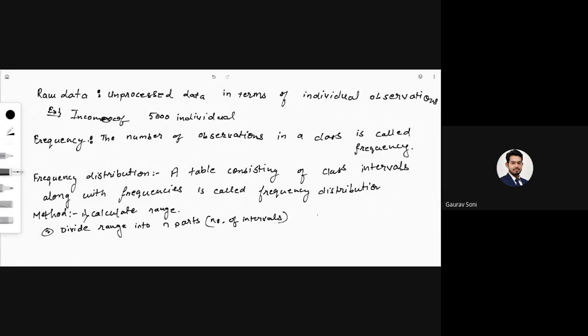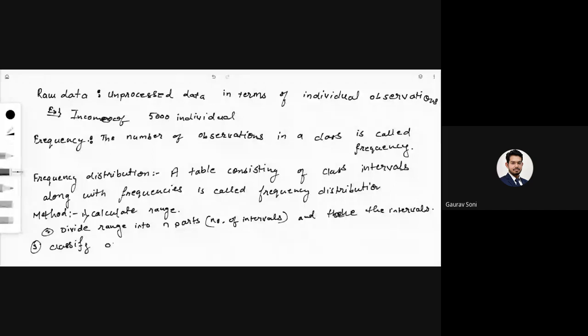Take the intervals accordingly. Then fourth one, classify observations.